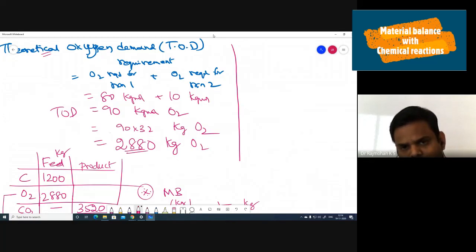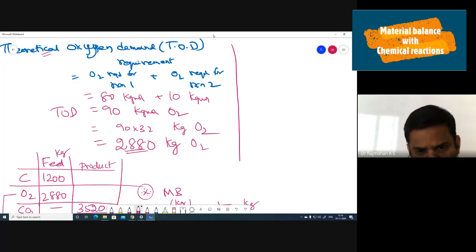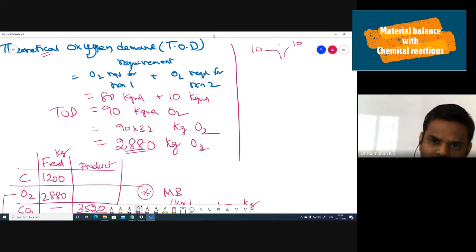But usually we will not get the required conversion if you only supply oxygen in the same ratio. It is like there are 10 boys and 10 girls, and we expect them to get married. Some may not be compatible, they will not get into a relationship, right? So it is always better if you have more choices.